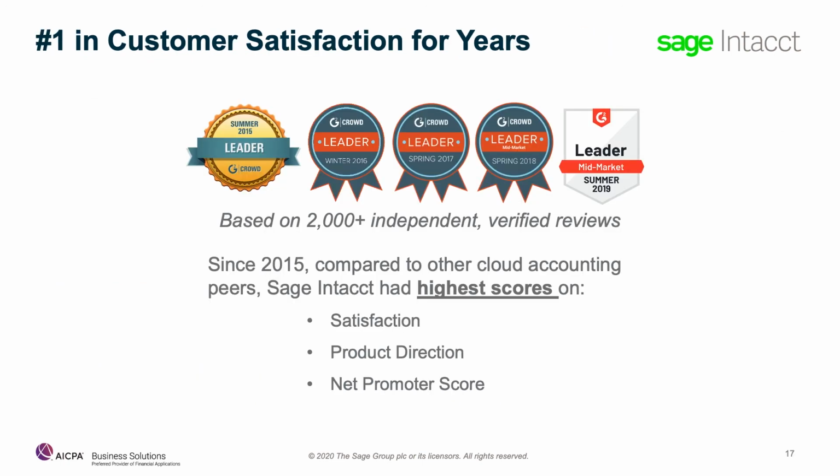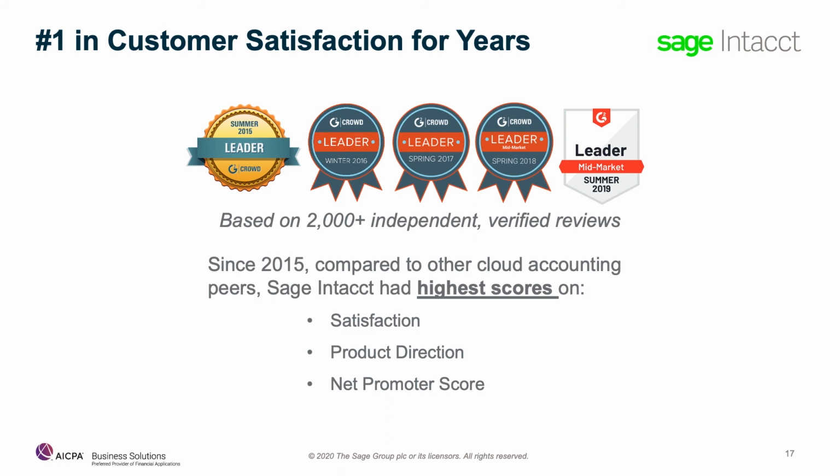We're rated number 1 in customer satisfaction by G2 Crowd, and we've actually been number 1 in customer satisfaction since 2015, based on over 2,000 reviews from our customers. Our high satisfaction scores come from the way our product meets current business requirements and product direction, and the way we're focused on finance features for finance people every quarter when we do our new releases.